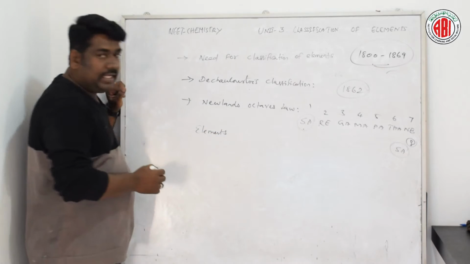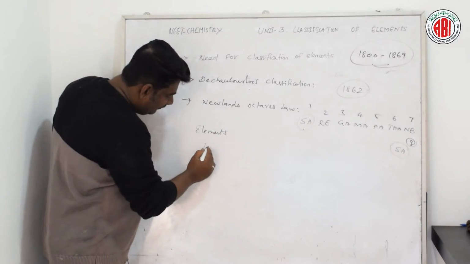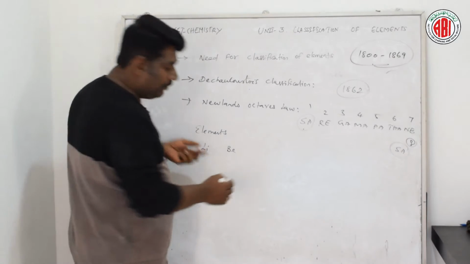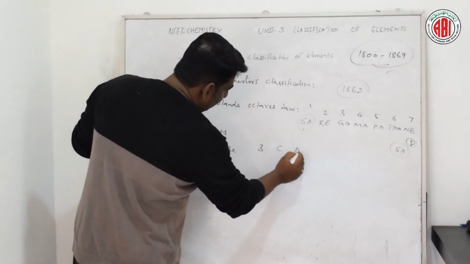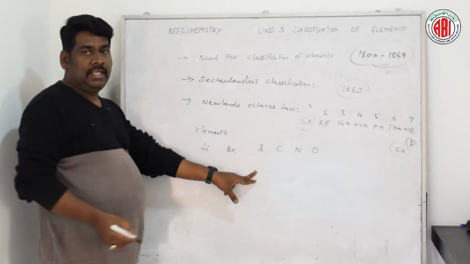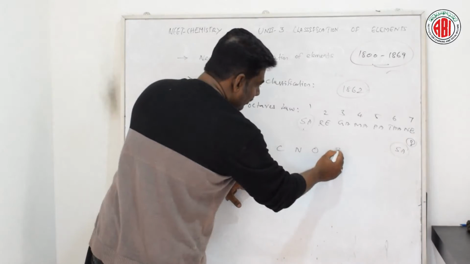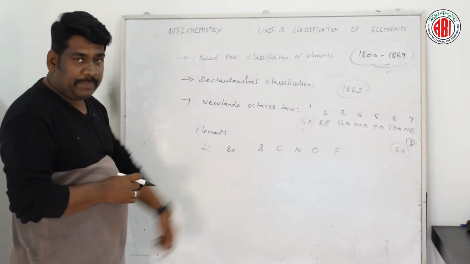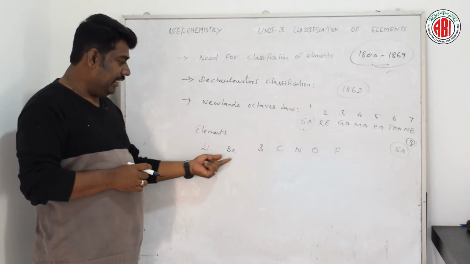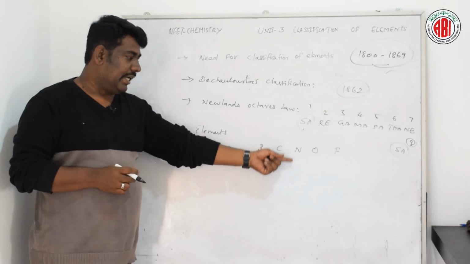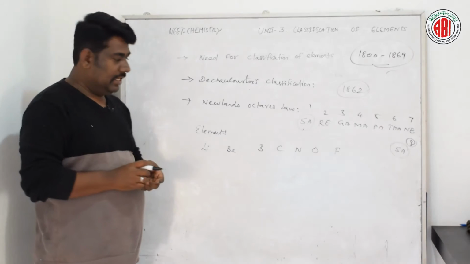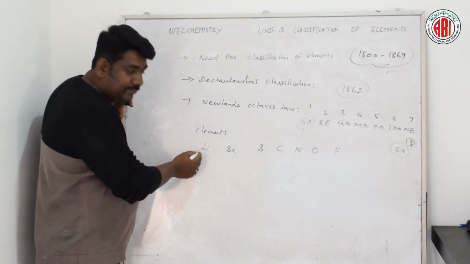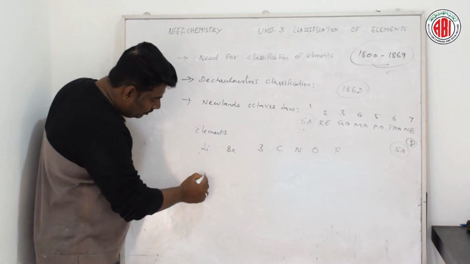There are a few elements we have to consider here: lithium, beryllium, boron, carbon, nitrogen, oxygen, and fluorine. And again it is repeated with sodium.